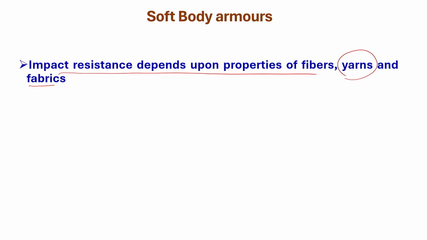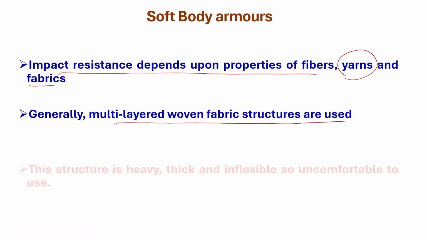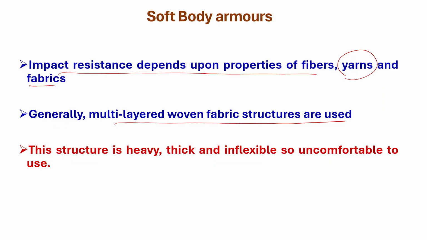So, we can manipulate the impact resistance characteristics by selecting proper fiber, yarn structure and fabric structure. That is why multi-layered woven fabric structures are generally used for body armor. This structure is heavy, thick, inflexible, so uncomfortable. When we use multiple layers, they become inflexible.